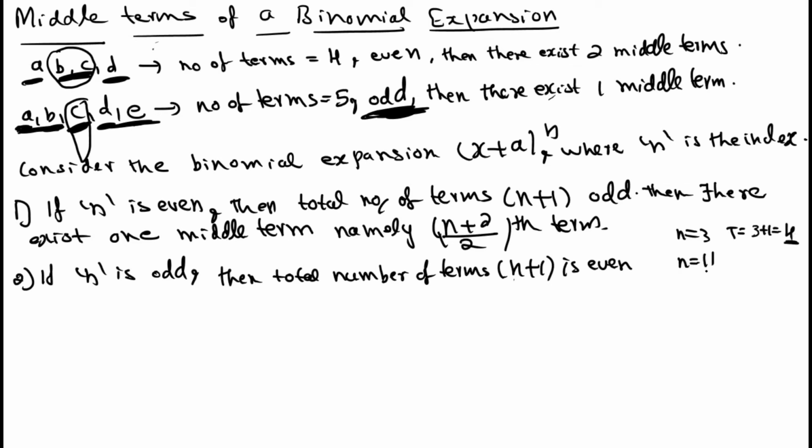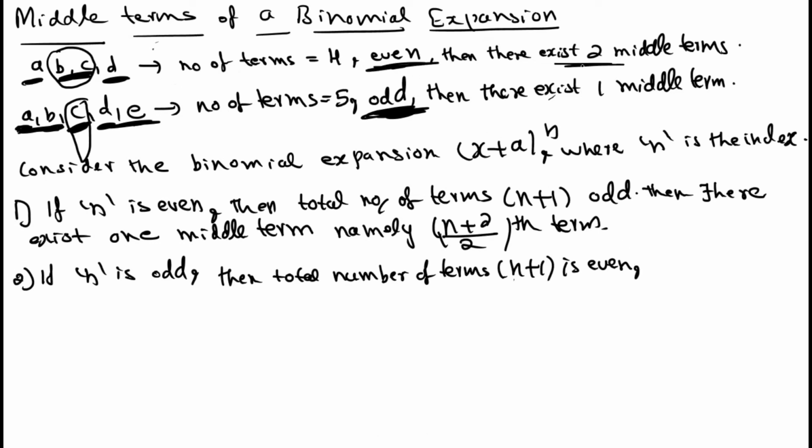Index n equal to 11. What's the total number of terms? 11 plus 1. The total number of terms in a binomial expansion is 1 more than the index. So n equal to 11 means the total number of terms is 11 plus 1, which is equal to 12. See, 4 is an even number, 12 is an even number. So by that observation, you can say that if the index n is odd, then the total number of terms is even.